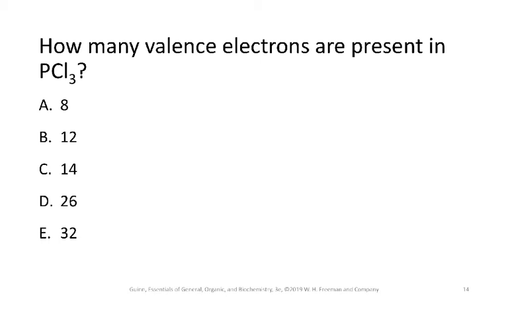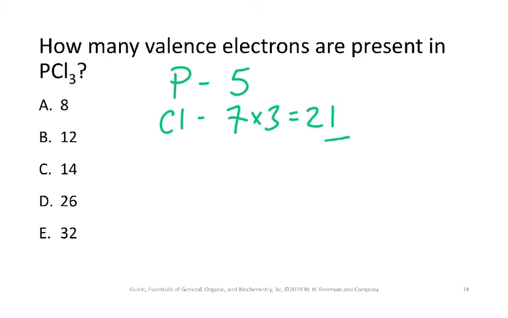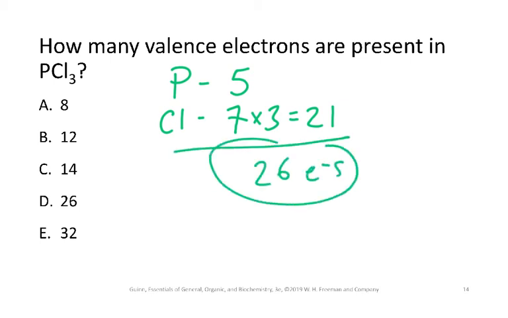So one way to think of this is we can just write out everything, right? So phosphorus has 5, chlorine has 7, and we have 3 of those, so it's 21. So a total of 26 electrons, which would be D.